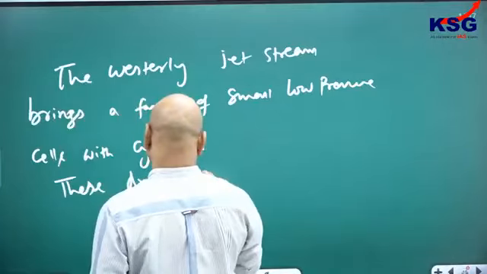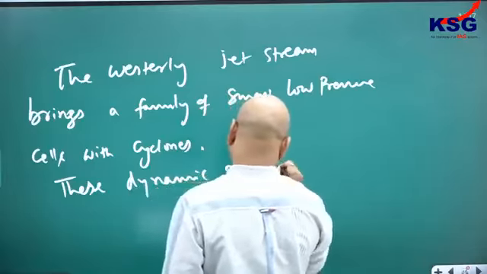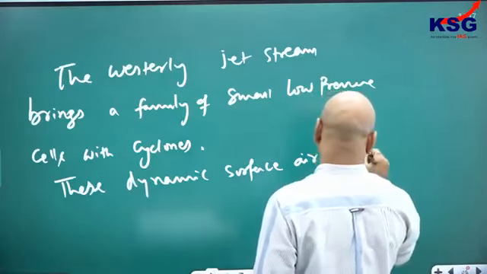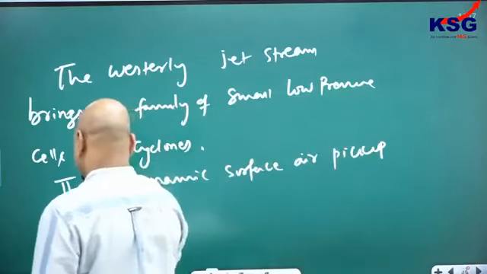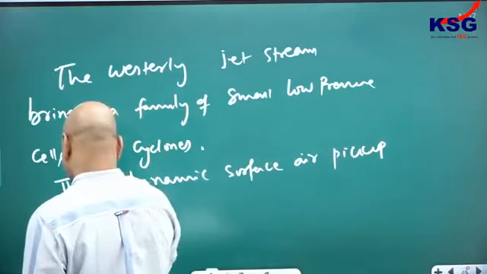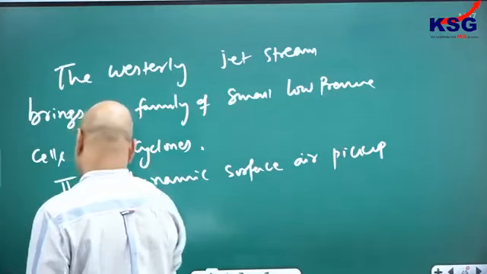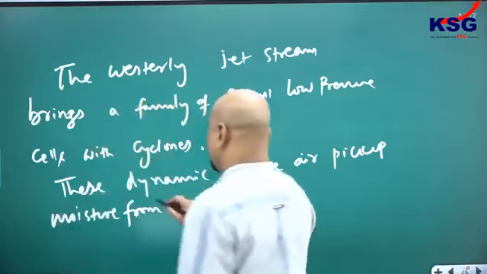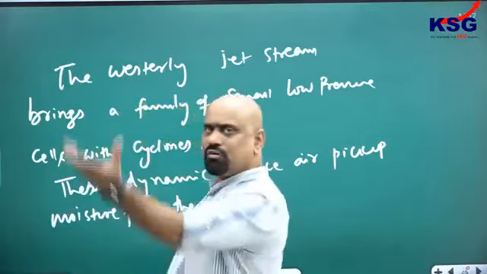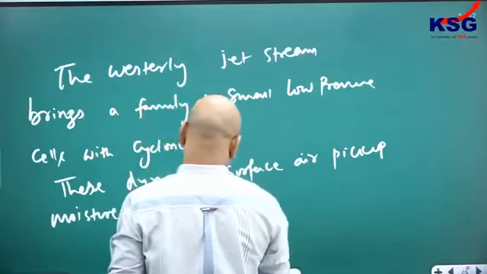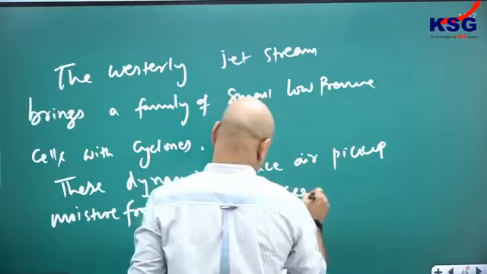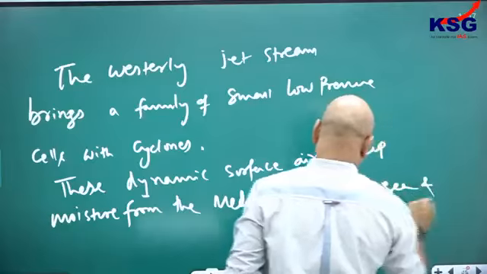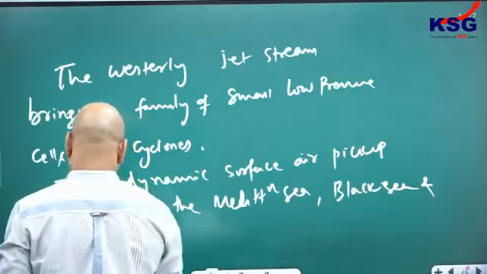These dynamic surface circulations, ये सरफेस एयर, pick up moisture from the Mediterranean Sea, Black Sea and Caspian Sea region.